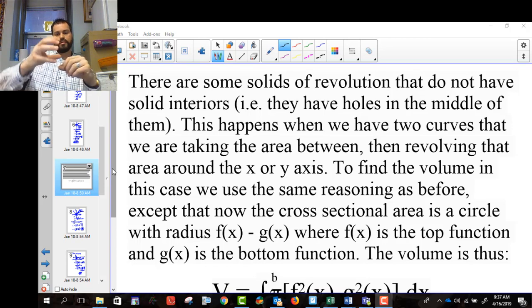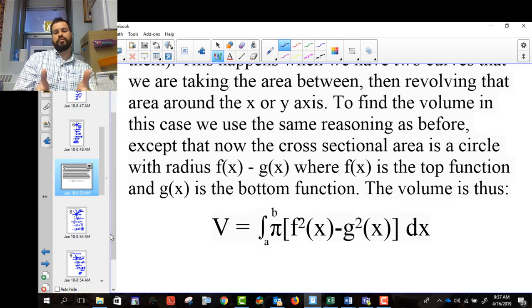In other words, we take the hole out by taking away g of x, the smaller of the two functions. So you end up with a formula very similar to before: f of x squared minus g of x squared, where f of x is the top function, as we've talked about in the area between curves video, and g of x is the bottom function.